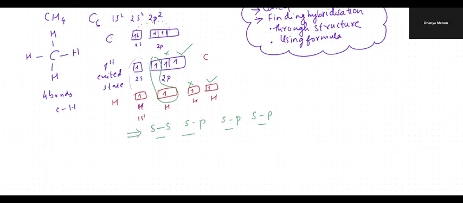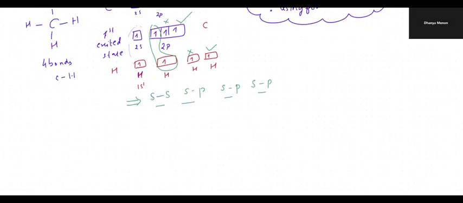But it has been seen that all 4 bonds of methane were equivalent in all respects.